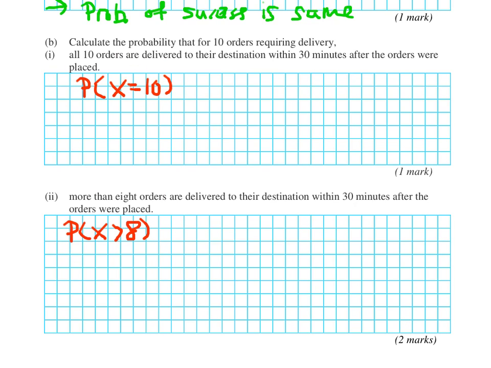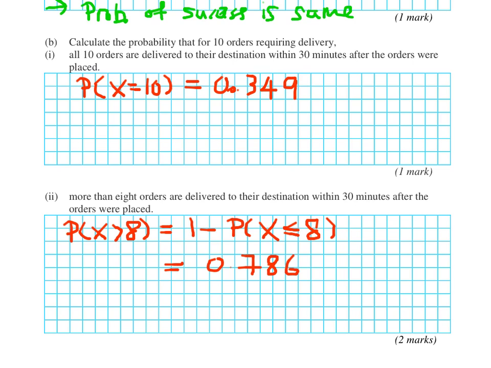And I will work with part 2 first, because this is equivalent to 1 minus the probability of x less or equal to 8. And using technology, you should be able to show that this is approximately 0.786. And as for this one, the one right here would be 0.349. 3 significant figures would be enough.